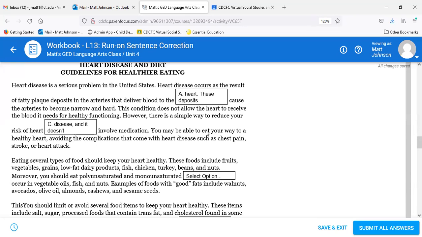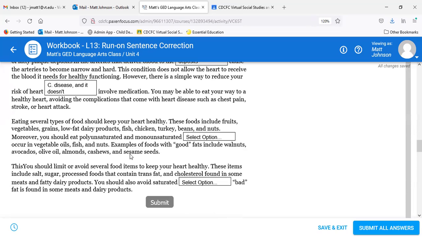Eating several types of food should keep your heart healthy. These foods include fruits, vegetables, grains, low-fat dairy products, fish, chicken, turkey, beans, and nuts. Moreover, you should eat polyunsaturated and monounsaturated fats.